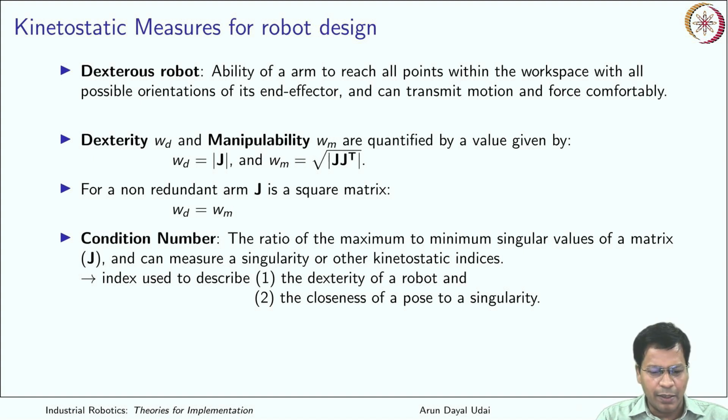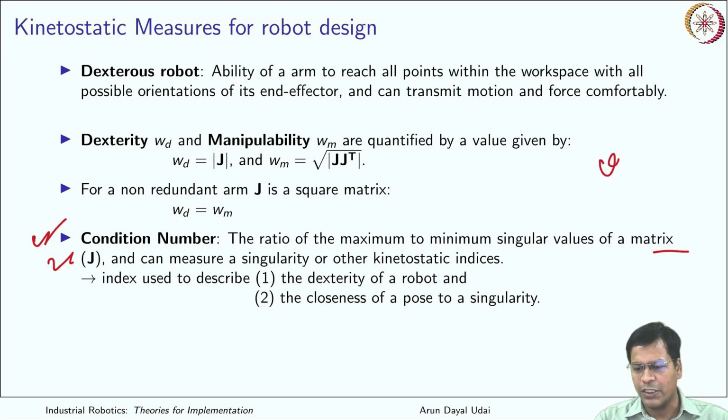So there is a number which is known as the condition number. It is the ratio of maximum to minimum singular values of a matrix J. We are using J over here because J is something that relates velocity: V is equal to J theta dot.